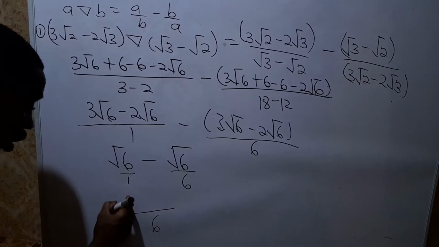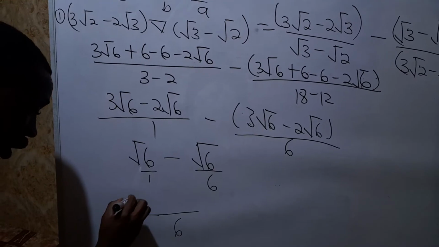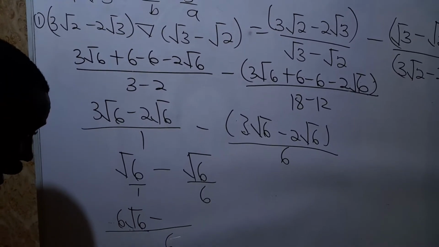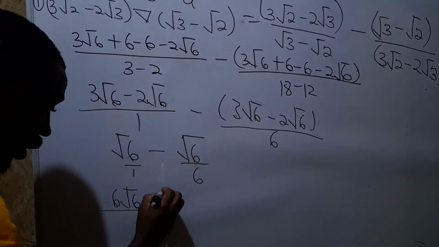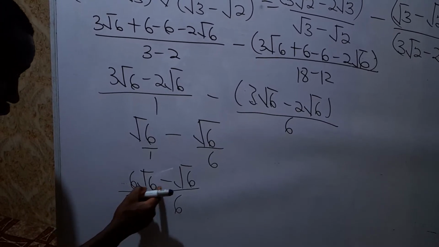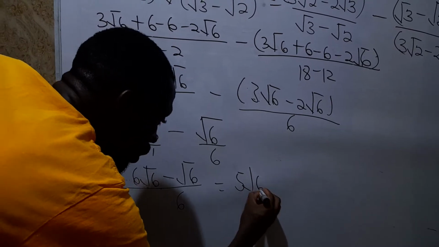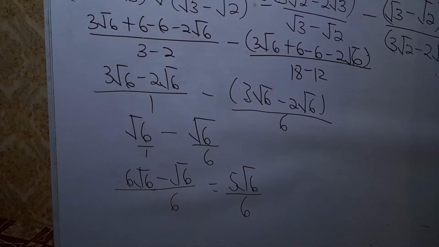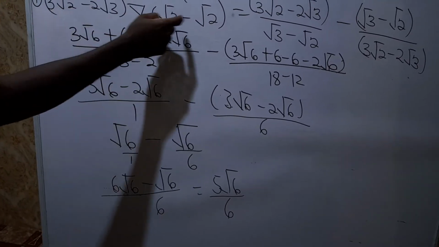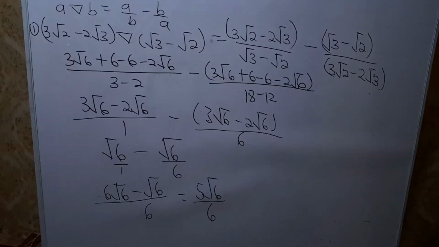So all over 6. 1 will go into 6 times root 6 will be 6 root 6. Then minus 6 will divide 6 once times root 6, that will be root 6. So 6 root 6 minus root 6 will give us 5 root 6 all over 6. So we can say that this delta is equal to 5 root 6 over 6.